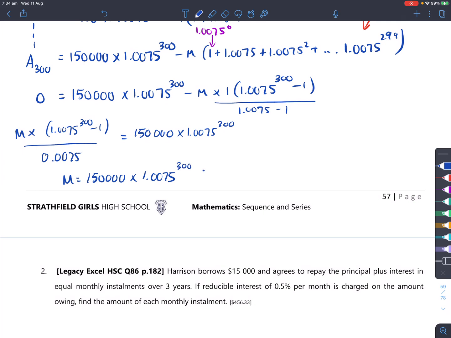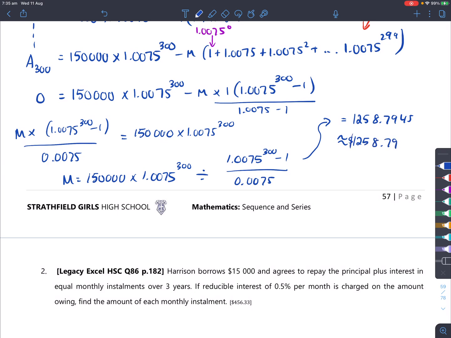That, then divided by 1.0075 to power 300 minus 1 over 0.0075, and that will get me 1,258.7945, which is approximately 1,258.79. That's it.